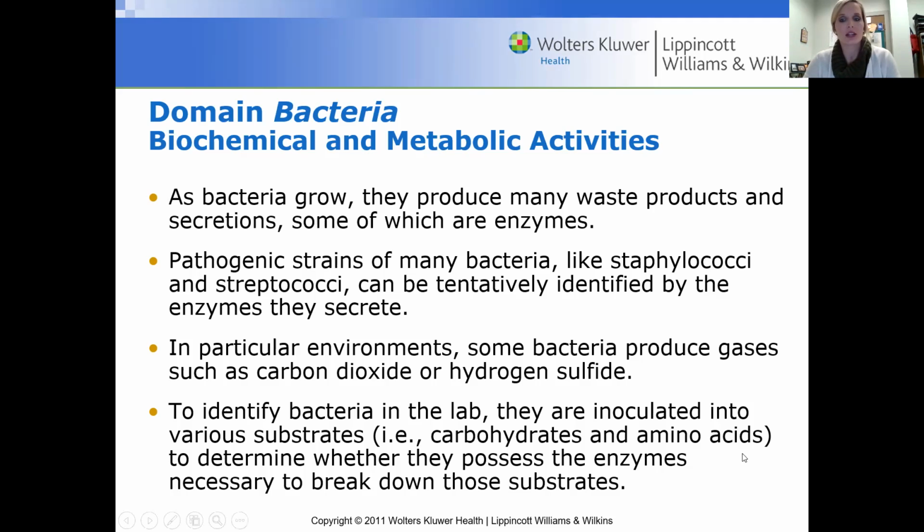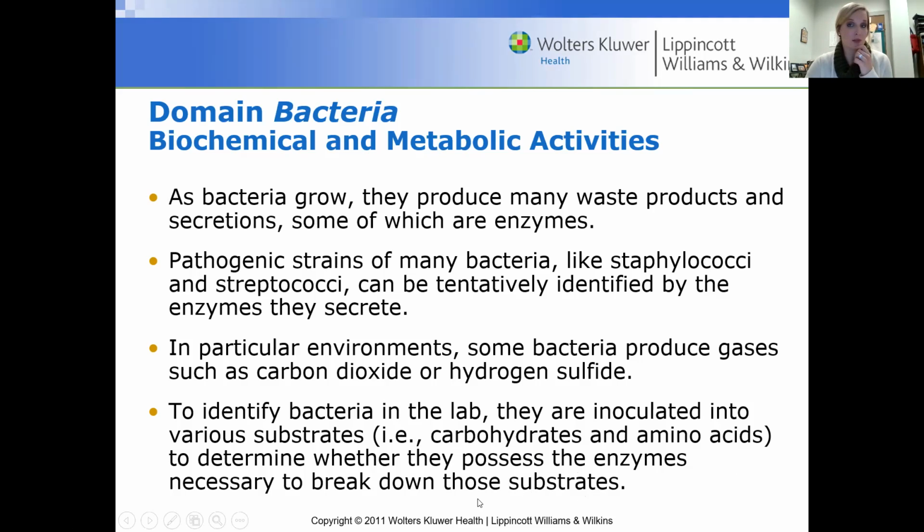To identify bacteria in the lab, they are inoculated into different substrates, meaning they're put into either different fluids or just different atmospheres. So such as with carbohydrates and amino acids, and that's going to help to determine whether they possess the enzymes necessary to break down these substrates.